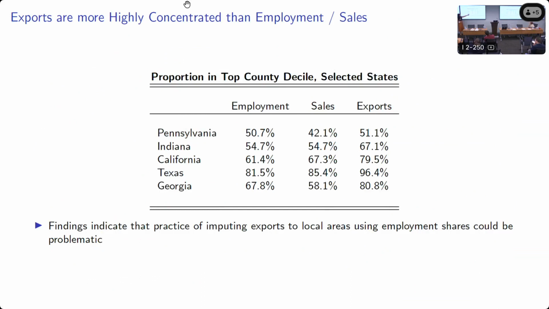If you look at Texas, 81% of employment is in the top decile, but 96.4% of exports. These ratios vary across states. So this should be very suggestive already that imputing exports to local areas using employment shares or sales shares is going to be problematic. It's not going to be very good.